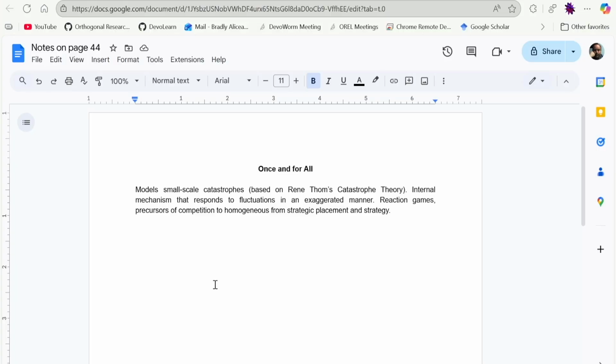And so the idea is that you have basically this internal mechanism in the game, or these strategies that play upon fluctuations in the dynamics of the game. So as there are changes happening within our matrix, we try to seize on those fluctuations and amplify them.